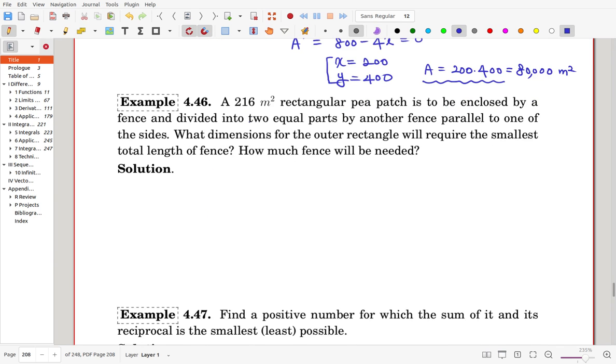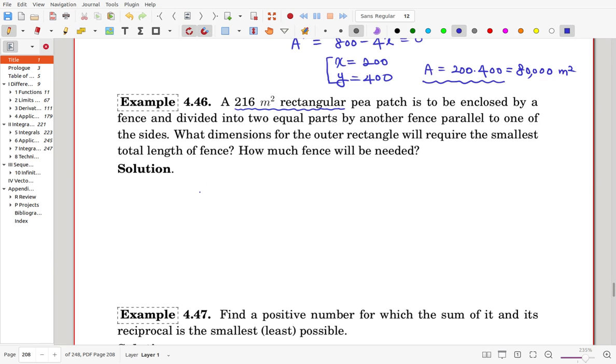Now, there's again an area here. The area of the rectangular region is given, which is 216. Now, we want to minimize the fence length.